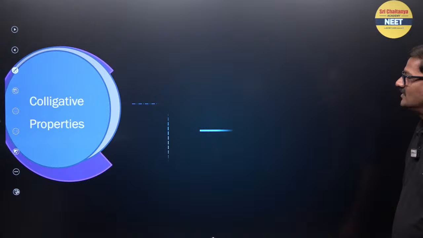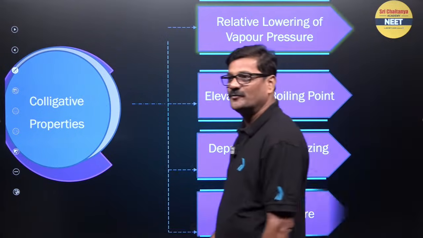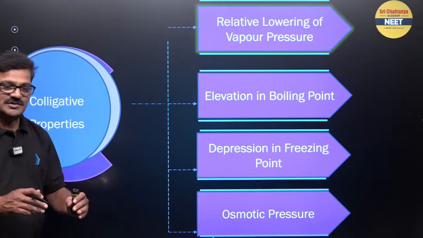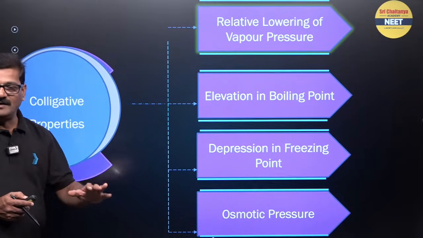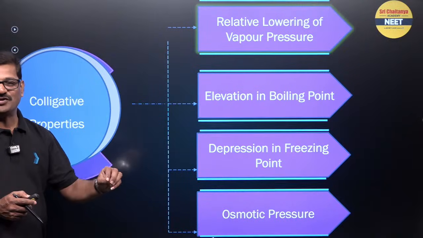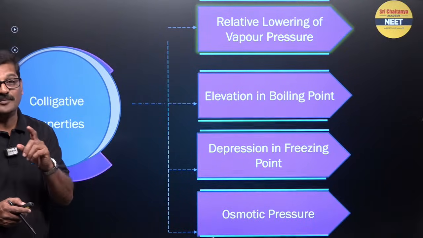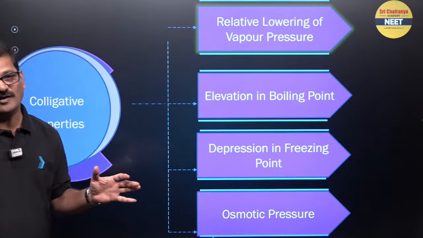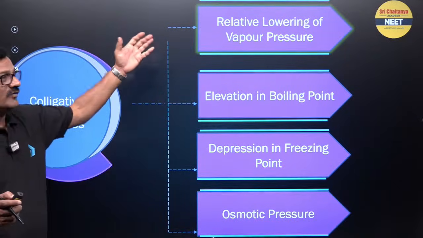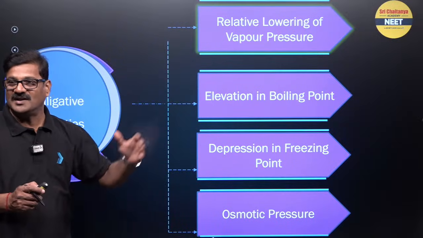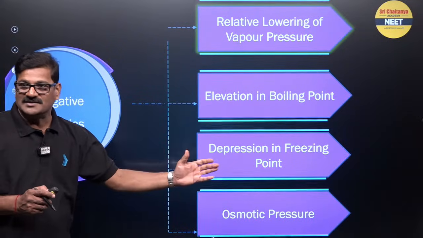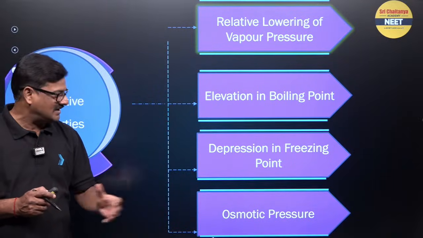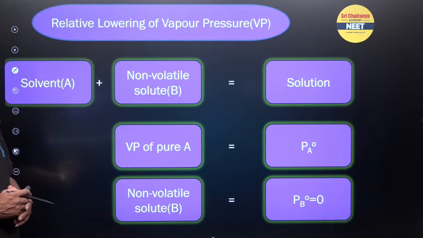And you can say here colligative properties. Now we are in the colligative properties. Those properties which are independent of the nature of the solute but dependent on the number of solute particles are said to be colligative properties. You have relative lowering of vapor pressure, elevation in boiling point, depression in freezing point, and osmotic pressure. So let's discuss carefully.